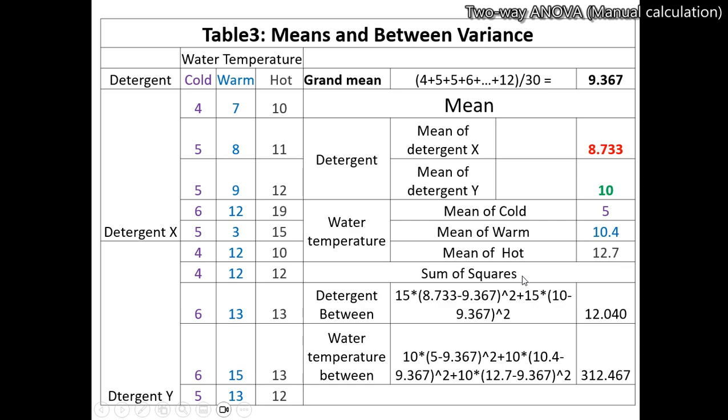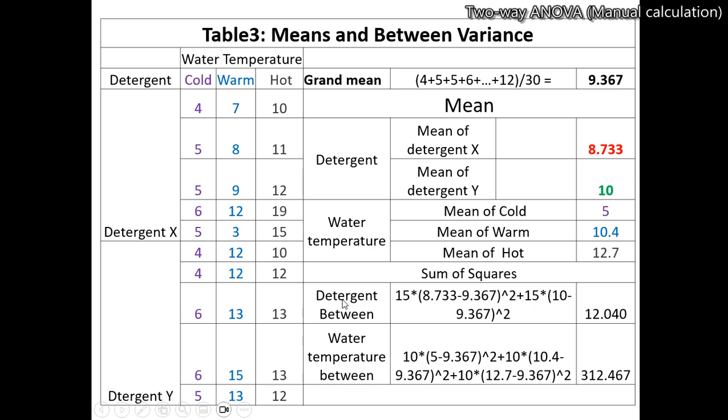Then we calculated the sum of squares between: the sum of squares between detergent and the sum of squares between water groups. For the sum of squares between detergent group, since the sample size is 15 each, we multiply 15 by the difference of means of each group and square it.